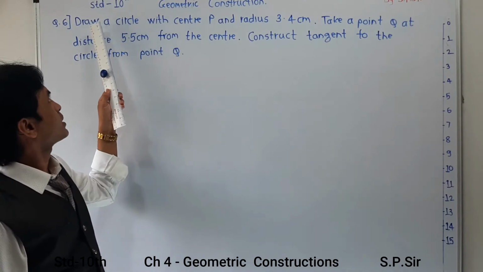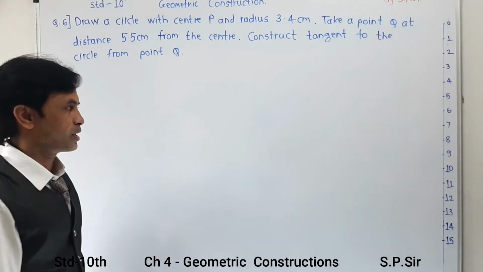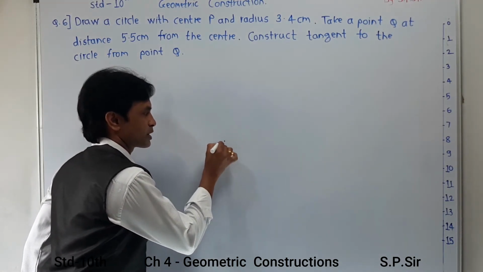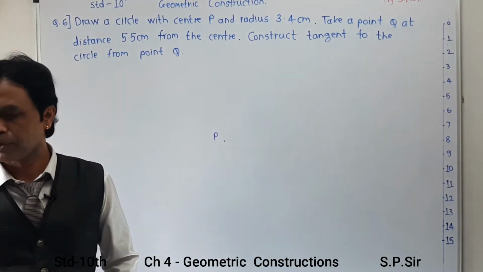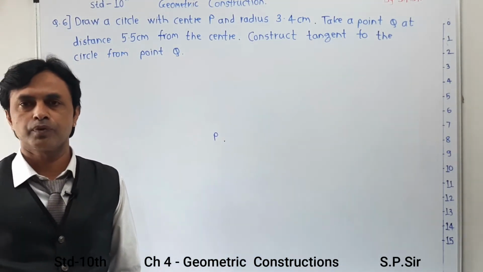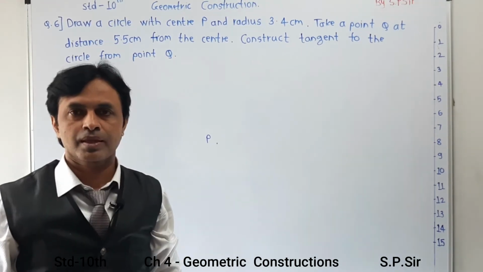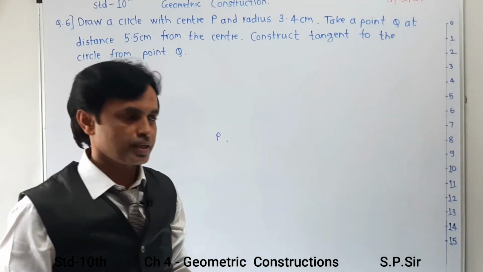So our first task is to draw a circle with center P and radius 3.4 centimeter. Here I am going to take a first dot over here, which is nothing but the center of the circle, indicated as P. Next we have to take the radius 3.4 centimeter in the rounder.